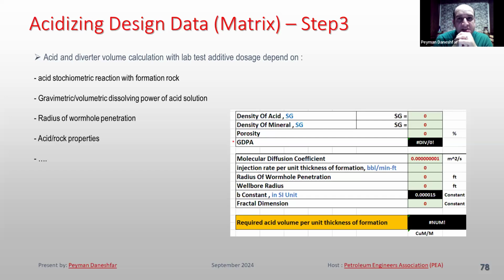Because when you create this Excel for yourself, you can change some parameters in your list, and you can see which parameter is more important than the others. For example, in my Excel file I found that when you want to calculate the rate of penetration or maximum injection rate, if you change the thickness of the formation, the effect on the injection rate will be more.